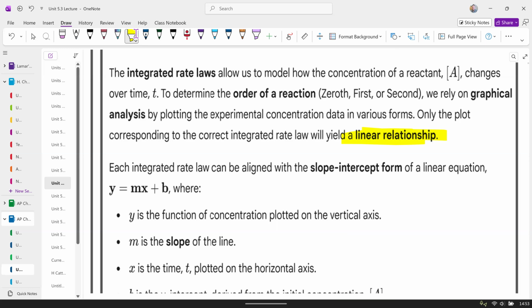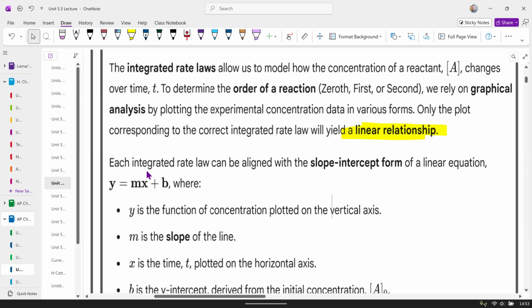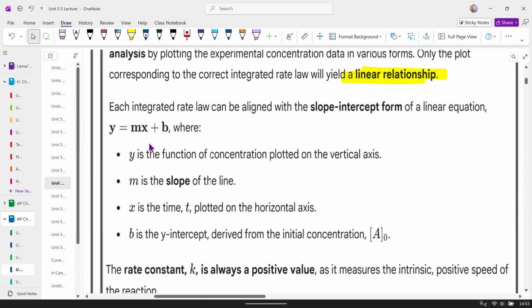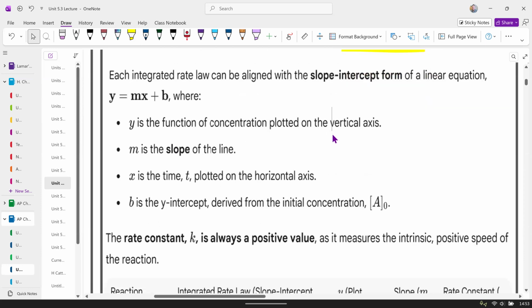Or let me say it another way. The graph that gives us the linear relationship helps us to identify the correct order, which is our goal for today. So there we go. Each integrated rate law can be aligned with the slope-intercept form. We already talked about that, y equals mx plus b, where y is a function of the concentration plotted on the vertical axis. m is the slope.